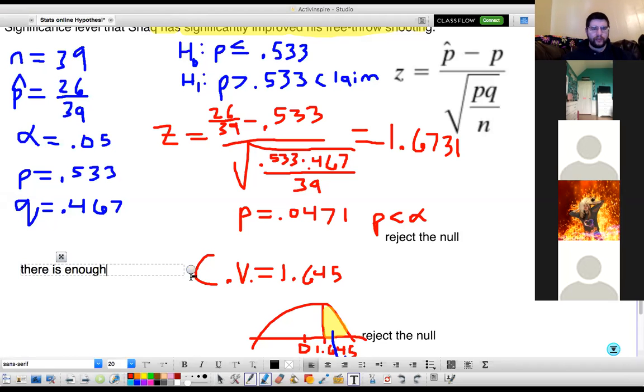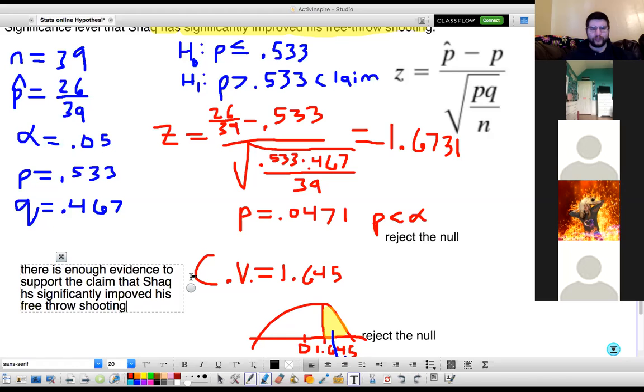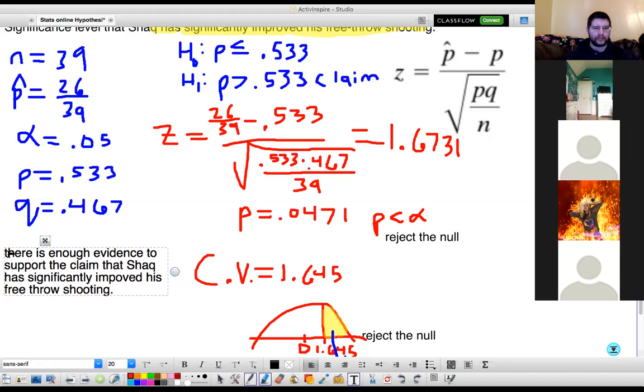There is enough evidence to support the claim that Shaq has significantly improved his free throw shooting. So that would be our conclusion based on this hypothesis test.